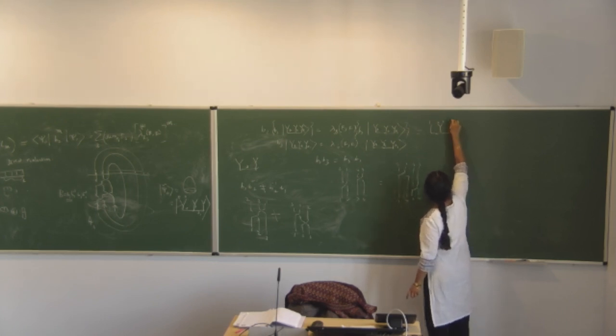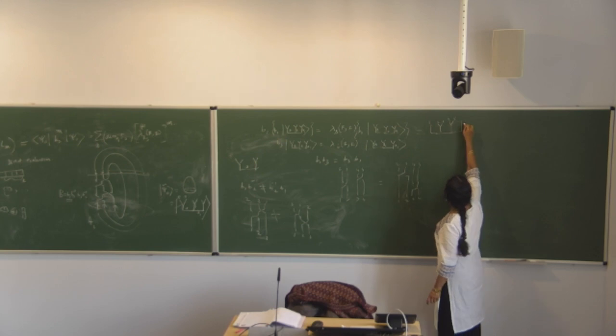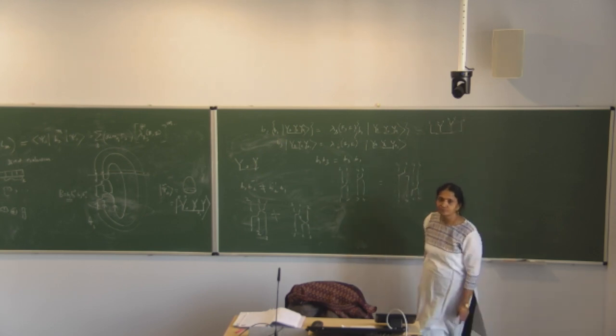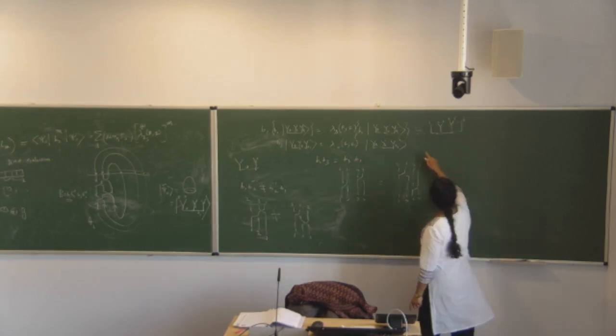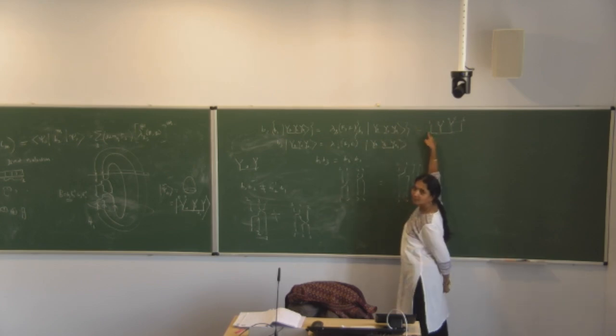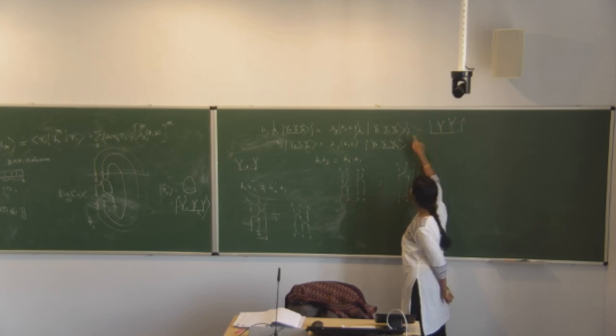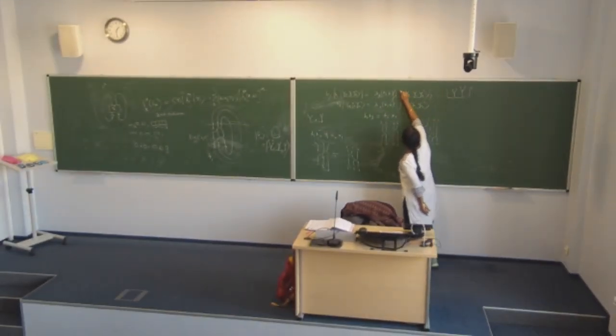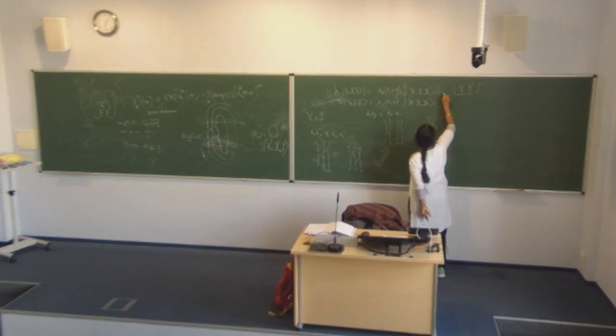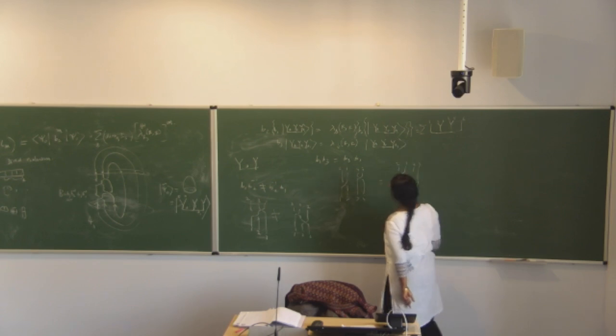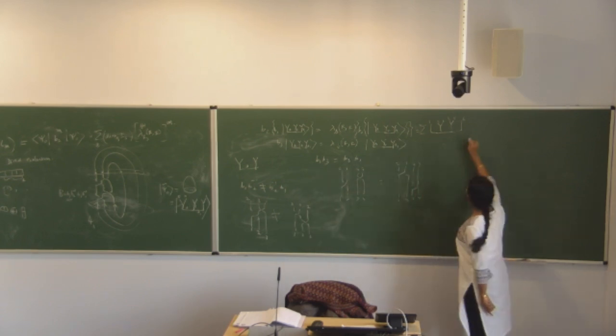You can have 4 and 5, something like this. Okay. So I need to first convert this basis into this basis. This is what we do. So you first have to rewrite this as some linear combination with some coefficient.